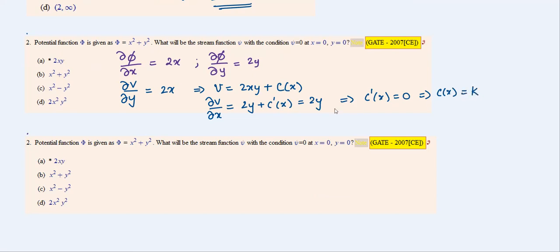Let's say k. So therefore, v will be 2xy plus k. But v means the psi function. But at x equal to 0, y equal to 0, the value is 0, which implies k equal to 0. So the function will be 2xy. So that's how we just applied the Cauchy-Riemann equation. Okay, why is this one coming?